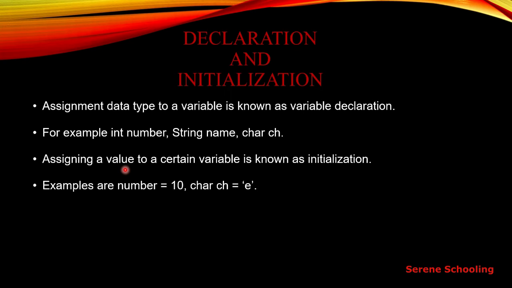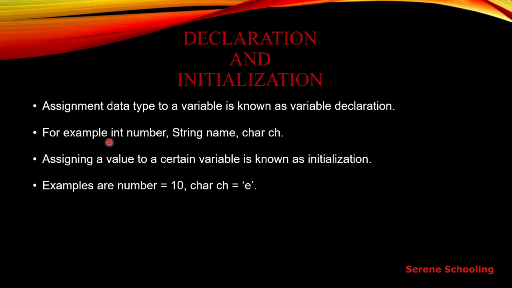So moving on, we have declaration and initialization. When we give a certain data type to a variable, it is known as variable declaration. Any data type given to a variable is known as variable declaration. For example, suppose we want to create a variable named number to store integers, right?